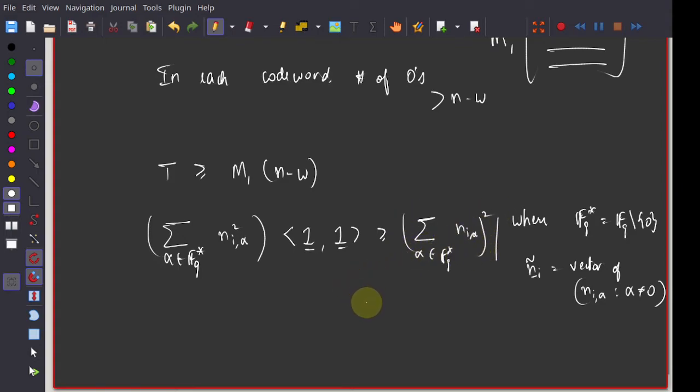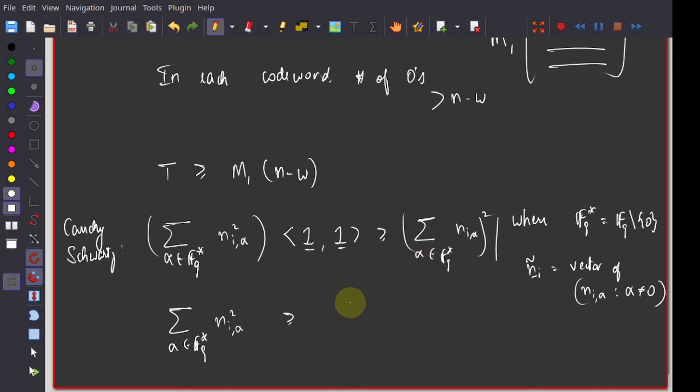Again, just the Cauchy-Schwarz inequality. So this is q minus 1.